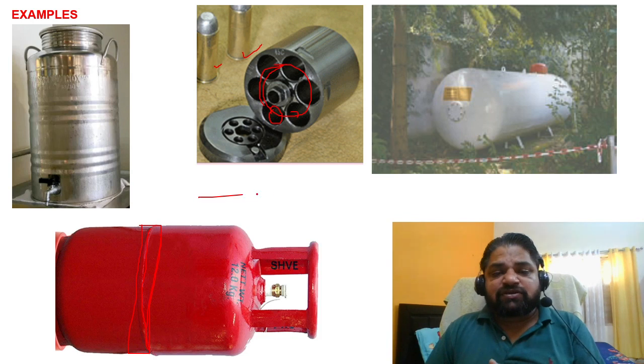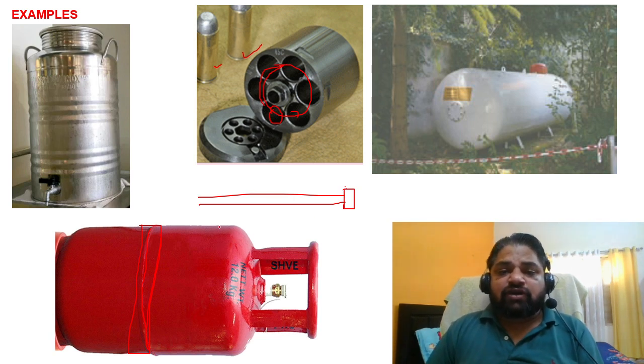When there is a pipe connection, the pipe is also looking like this kind of cylinder, open at both ends, and it has to be closed in some way. Some regulators are attached at the end for those who, instead of a cooking gas cylinder, have a direct pipeline connection to their kitchen.